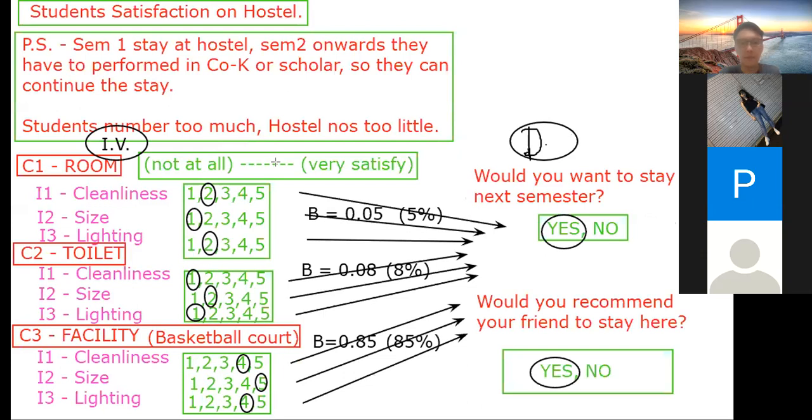Can you tell me what my objective one is from this table, this survey? Can you guess what my objective one is? Please write it down in the group chat.